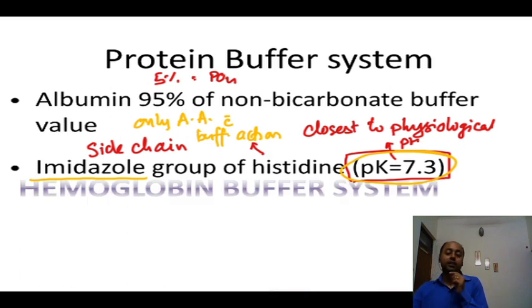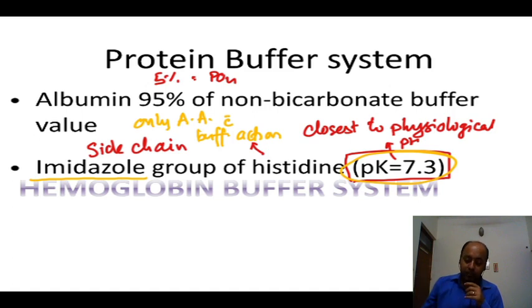Lastly, we get a little bit of buffering action from the hemoglobin. This is a bit of overlap from physiology, from the current scenario of the NExT and the instructions that we're getting from the NMC. There is integration of the various subjects. One integration is the horizontal integration, where we have to discuss overlapping systems from the different subjects.